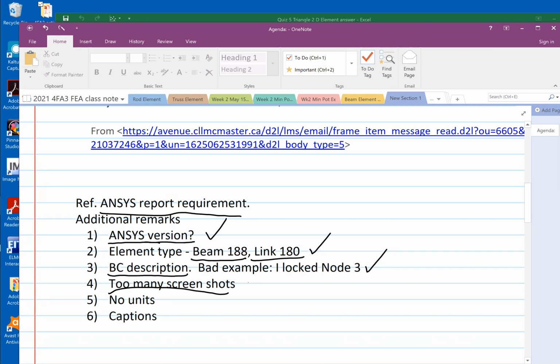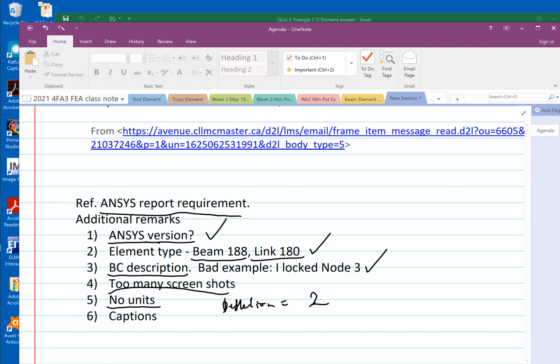Okay, and when you provide numbers, please tell me the unit of it. Okay, my deflection is 2, what? You know, 2 inches, meters, feet.